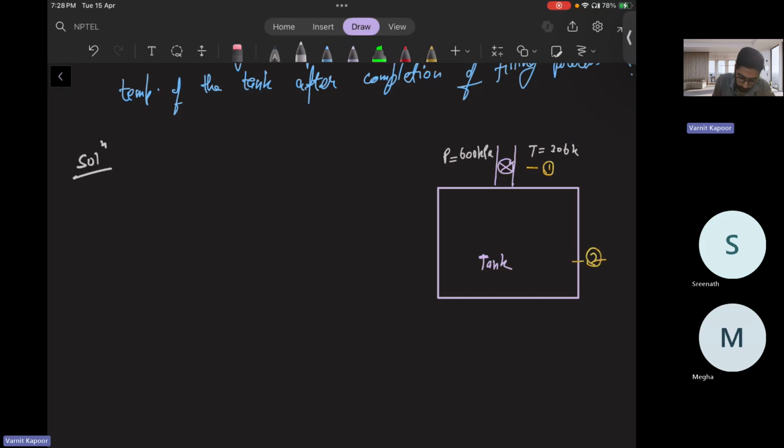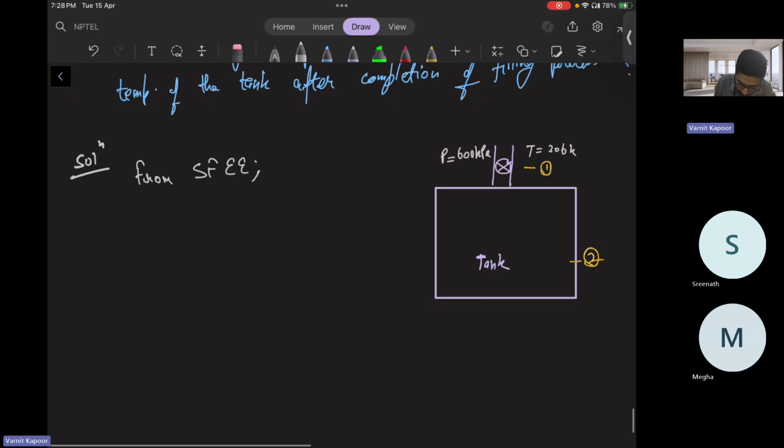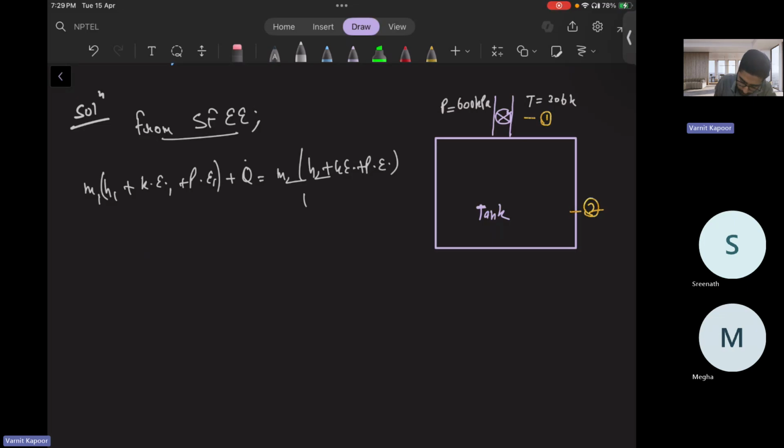From the steady flow energy equation, it is M1H1 plus kinetic energy 1 plus potential energy 1 plus heat transfer, equal to M2H2 plus kinetic energy plus potential energy plus work transfer.